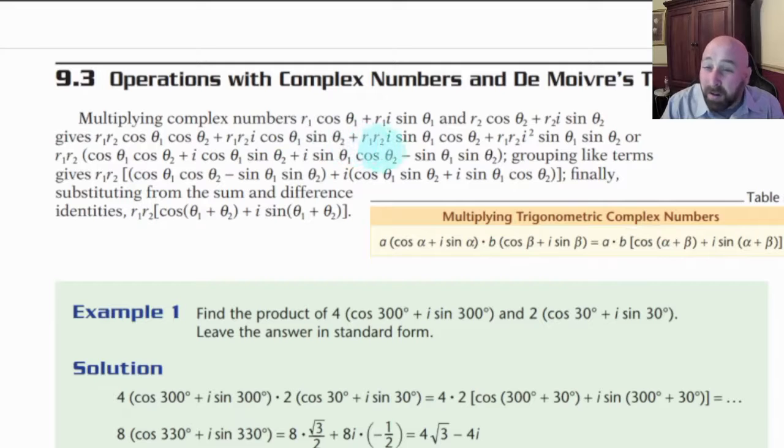You can go through that whole thing if you want to and see how they group it and how they develop the formula, but you don't need to know that. You just need to know the formula. So focus on table B, and you're going to be fine.